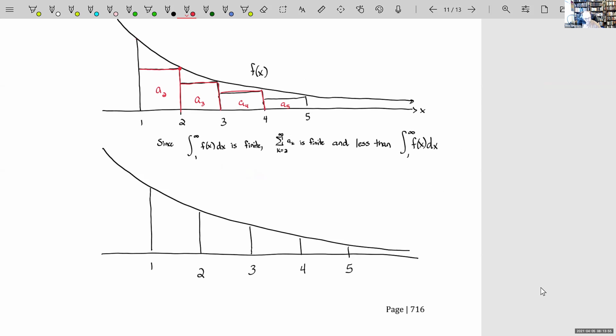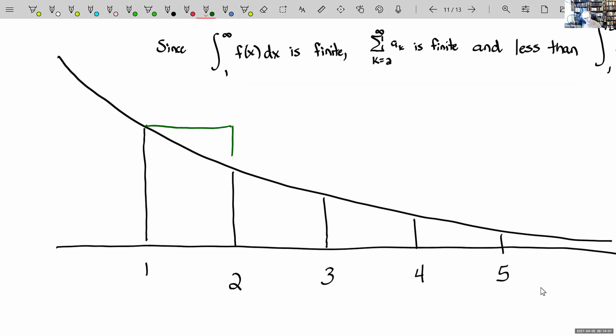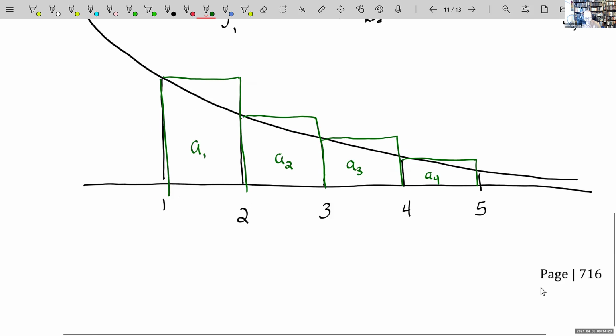And if you do left endpoints, which I'll do in green, you can see the area underneath the boxes is above the area of the curve. And this area is a sub 1, this area is a sub 2, this area is a sub 3, this area is a sub 4, and so on and so forth, right?